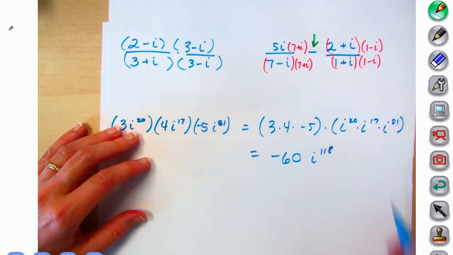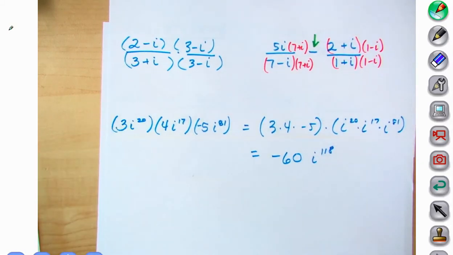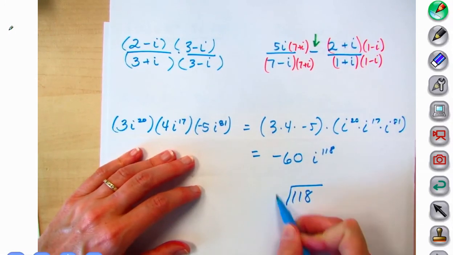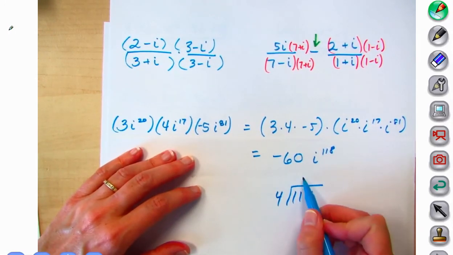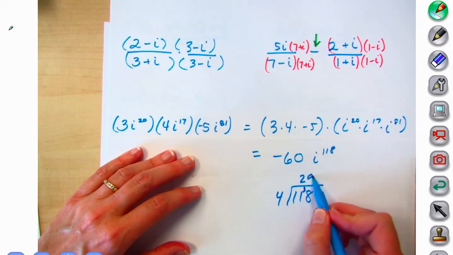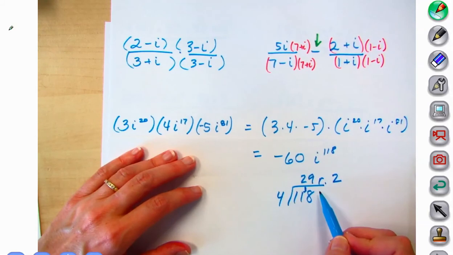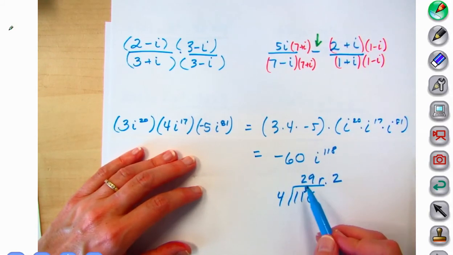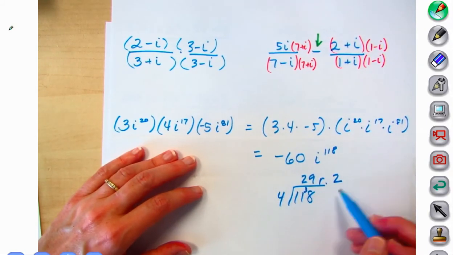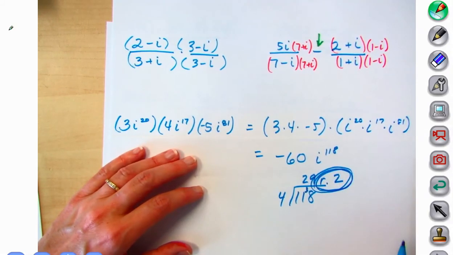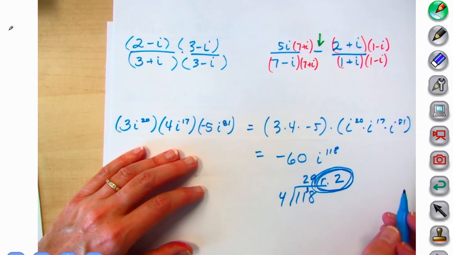Now, what did you say the shortcut was to deal with a big giant power of i? Divide it by 4, exactly. 118 divided by 4. That goes 29 times, remainder 2. And what's the important part, the quotient or the remainder? The remainder, not both. Because here's what we're really doing. Everybody paying attention?